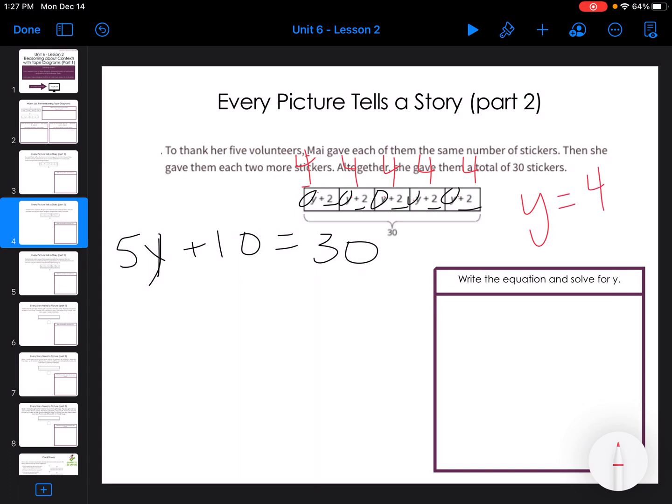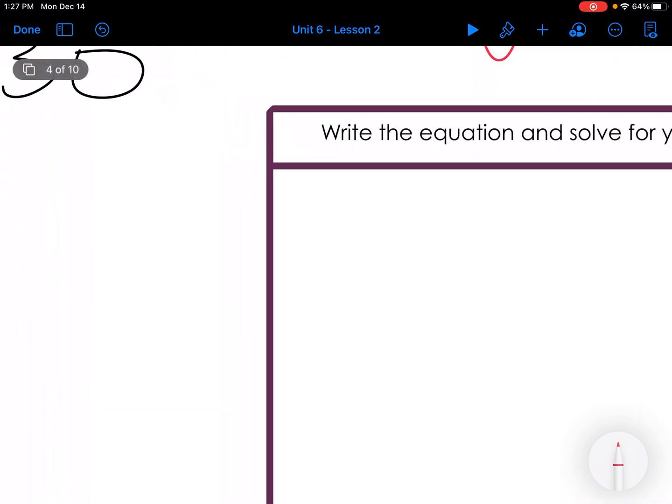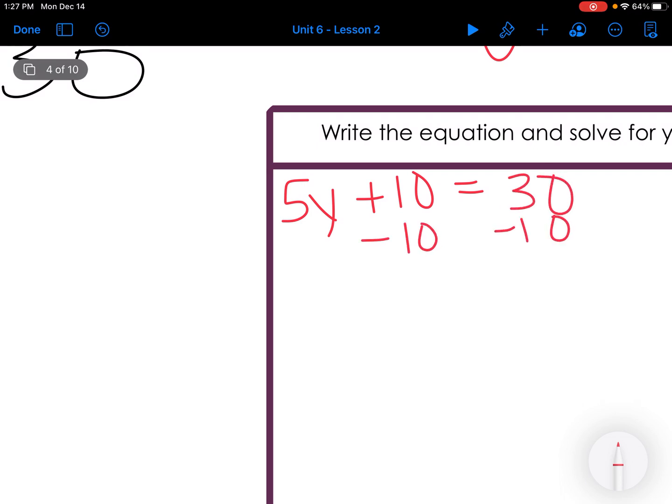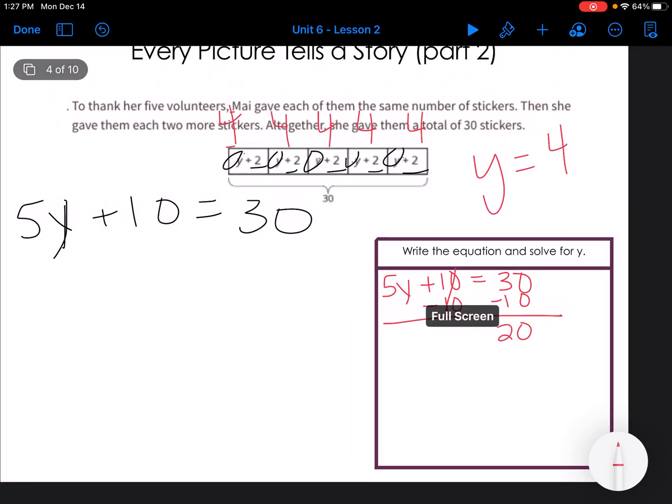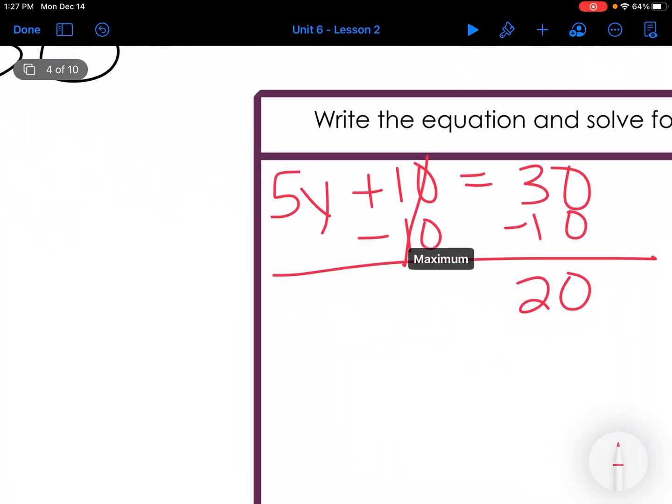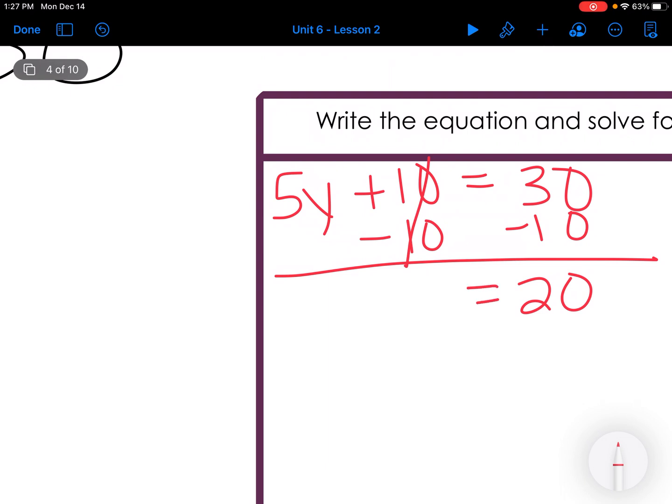So if I wanted to solve it, I could start with my equation. 5y plus 10 equals 30. So I'm going to zero out first. So 10 and negative 10 make a 0 pair, and I'm left with 20. And then I'm left with 5y.